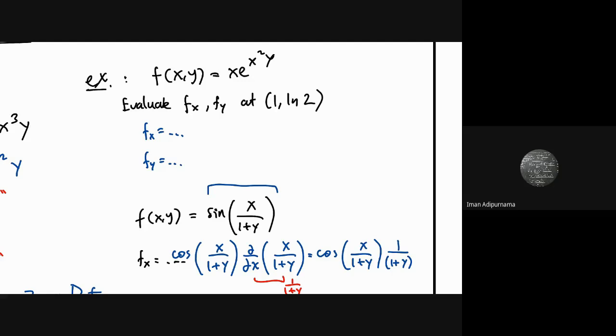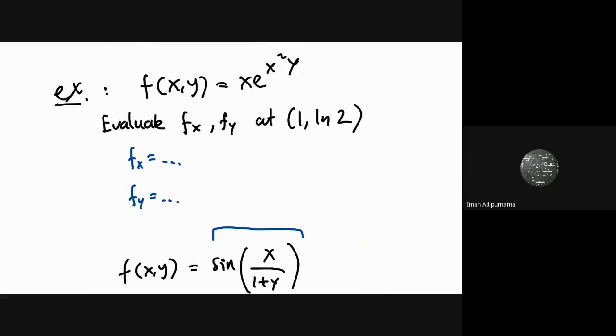Okay, let me check. You can correct me if I'm writing wrong. So for the partial x, because we have x and e to the x squared y, we need to do the product rule.